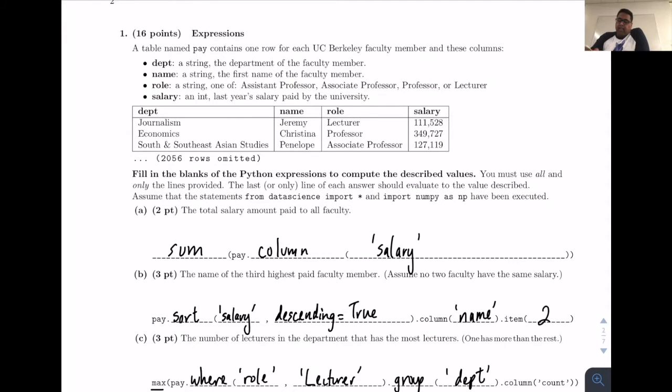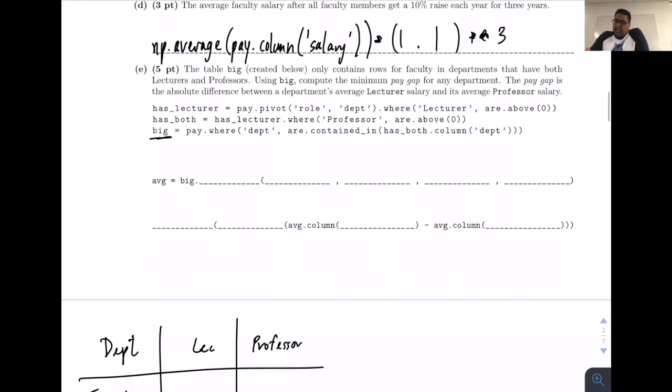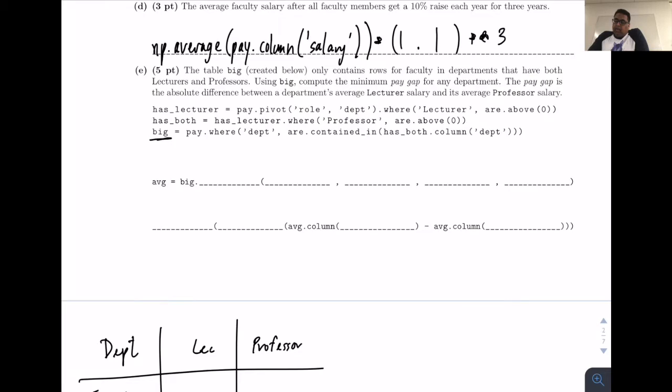And I'm underlining them here because these are the words we see, not necessarily indicative of what these departments have. So what we want to find is the minimum pay gap for any department, and that is the minimum absolute difference between a department's lecturer salary and its professor's salary.